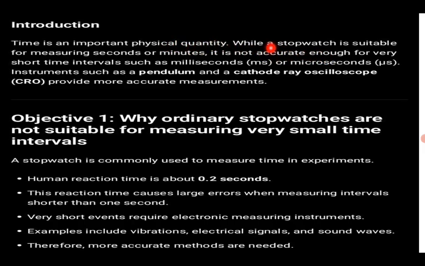So while a stopwatch is suitable for measuring seconds or minutes, it is not accurate enough for very short time intervals such as milliseconds or microseconds. So instruments such as a pendulum and the cathode ray oscilloscope provide more accurate measurements than the stopwatch.